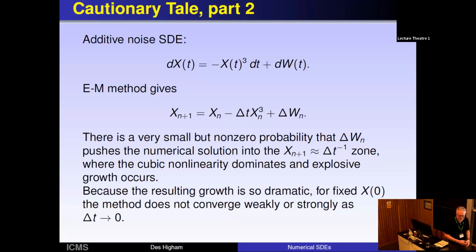It only takes one bad example, one bad delta W along that trajectory, and you're suddenly in this world where things start to blow up. Now that's a very low probability event, but once it happens, it's incredibly bad. So one way of saying it is it's an exponentially small event, but it's double exponentially bad when it happens in terms of the growth that gets created.